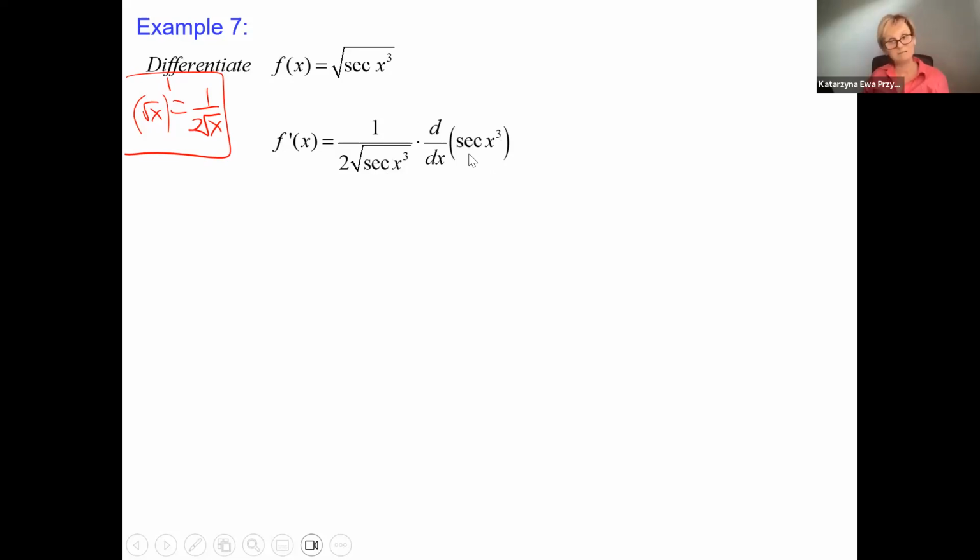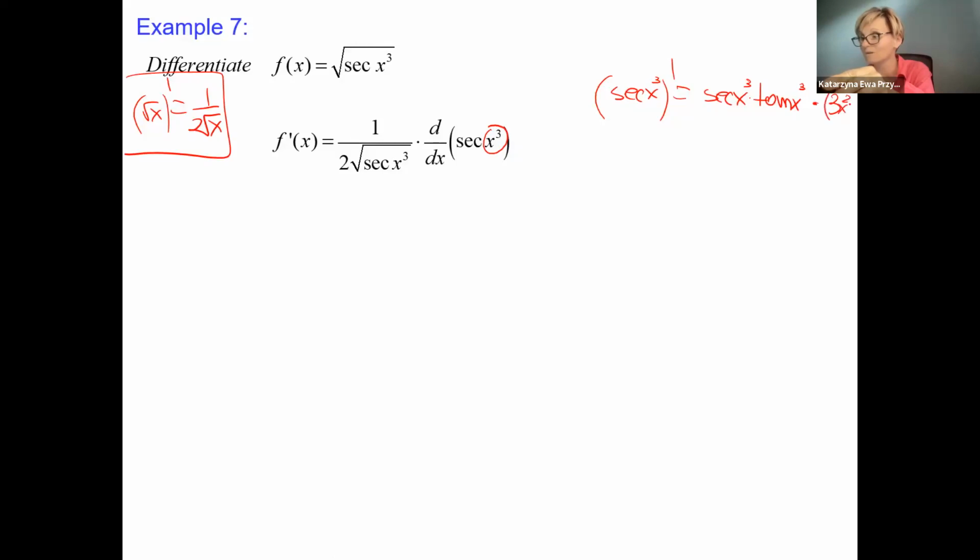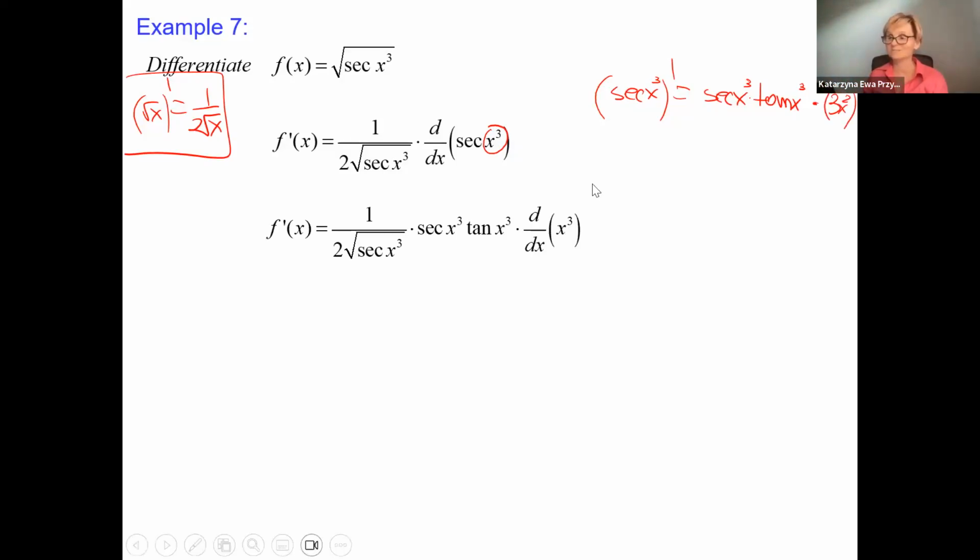The derivative of secant of x is secant times tangent. But now our x will be x cubed. Since this is an inner function, we will multiply by the derivative of that x cubed, 3x squared. Let's do it.